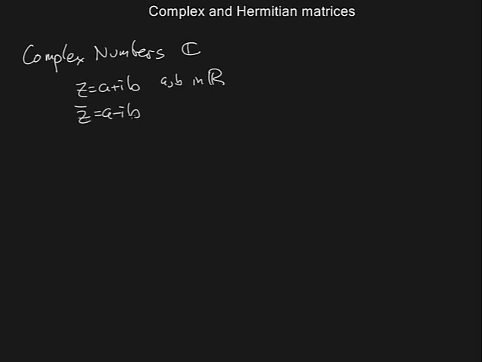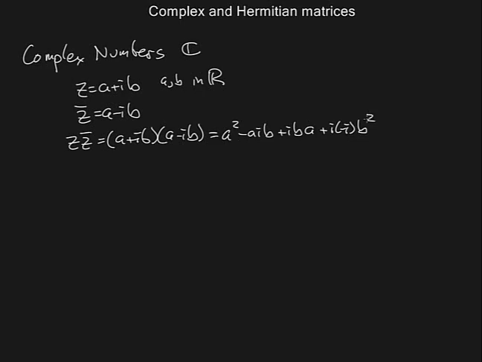We write a complex number as a plus ib, and the complex conjugate is a minus ib. z times the complex conjugate z bar is a plus ib times a minus ib. If you work that out, you get a squared, and then the middle two terms cancel, and i times minus i is plus 1, so you get a squared plus b squared, which, notice, is a non-negative real number.